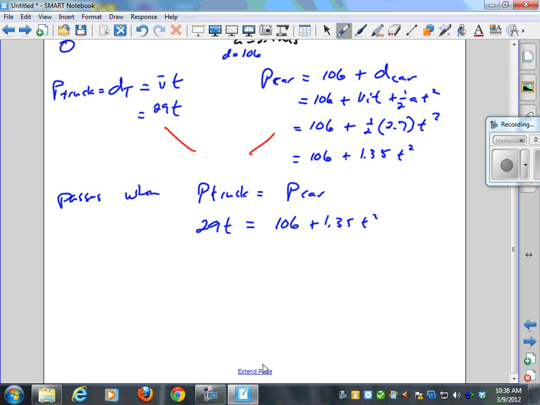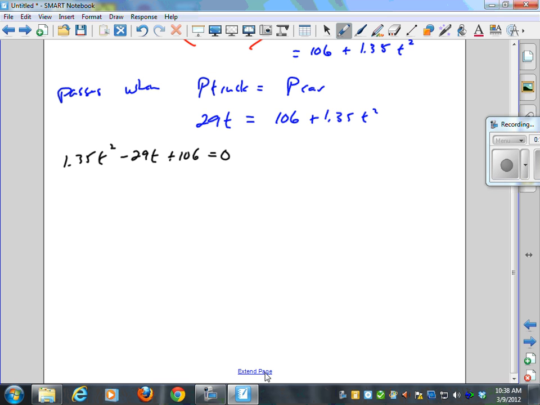Now I'm just going to write it over to the side because I know I've got to be working from left to right. 1.35 t squared minus 29t plus 106 equals 0. Quadratic formula. Now, we can all apply the quadratic formula, I think. I don't need to show that. You should get t equal to 16.8 and 4.7 seconds.